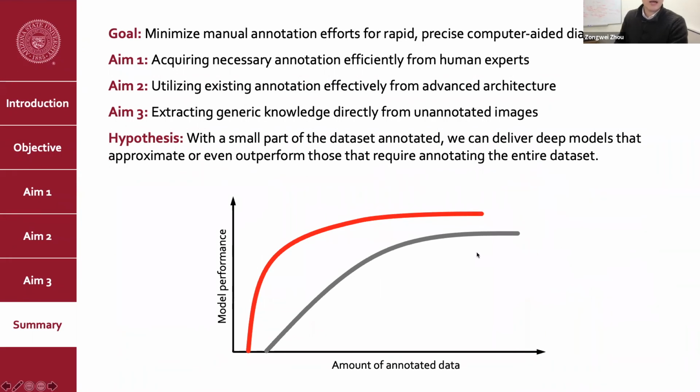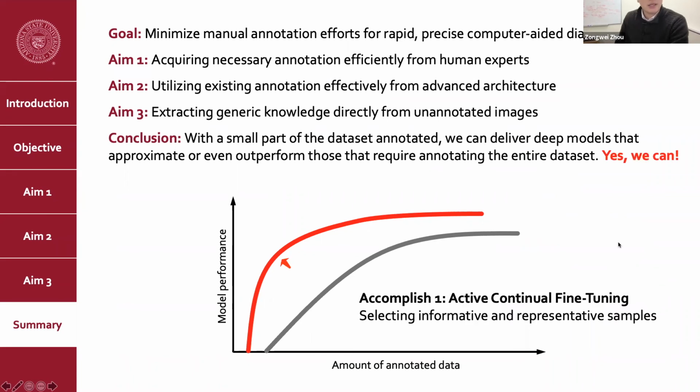So we hypothesize that we can do similar or even do better, and we did it. The first accomplishment is the active continued fine-tuning, which can select the most informative and representative samples from the entire data set.